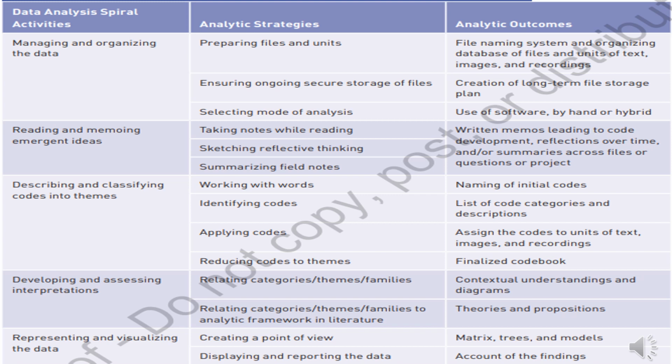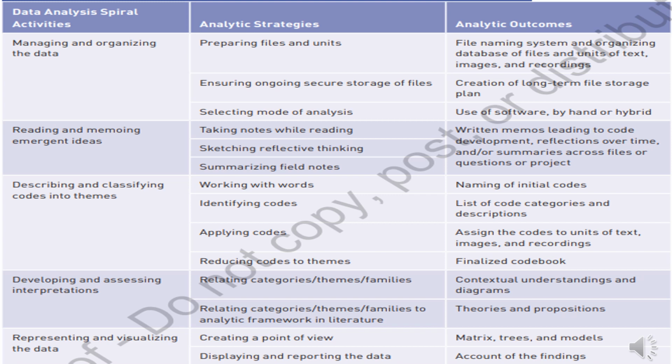Under analytic strategies, you have to prepare files and units, ensure ongoing secure storage of files, and select the mode of analysis. The outcomes are a file naming system, an organized database of files and units of text, images, and recordings, and the creation of a long-term file storage plan. And you have to use software, do it by hand, or use a hybrid.